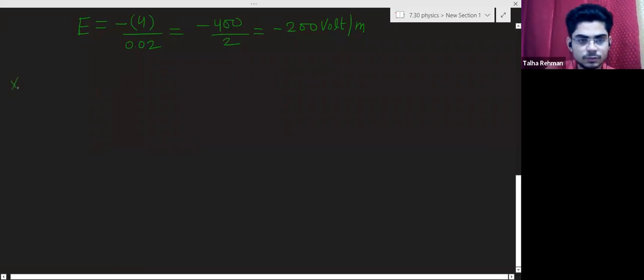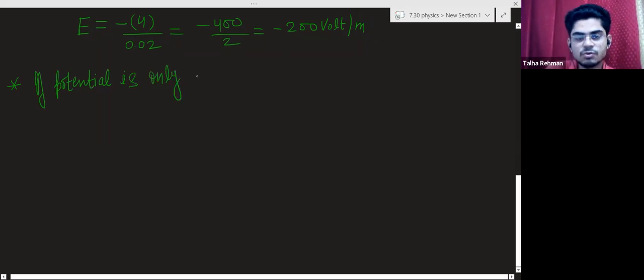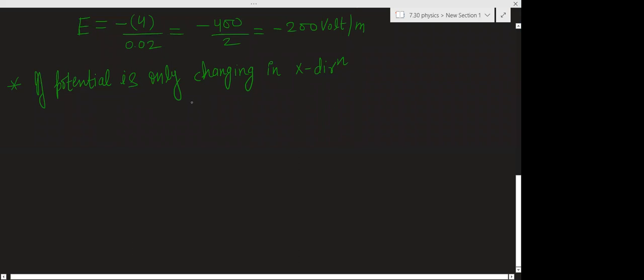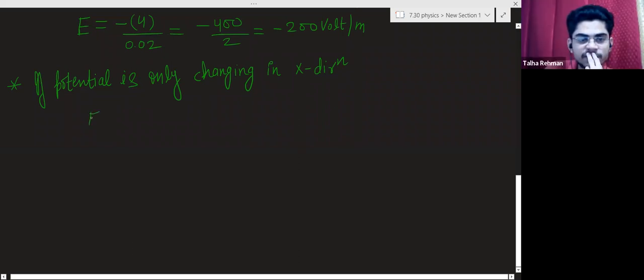Now, if potential is changing only in x direction, so we can find the value of electric field like minus dV by dx.